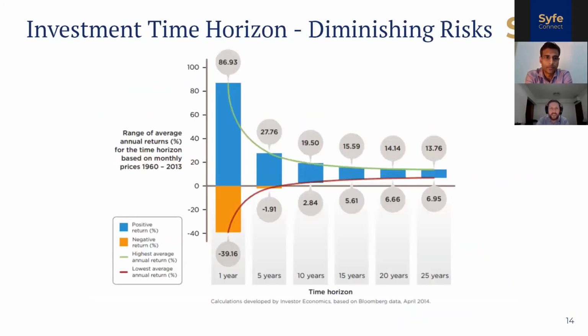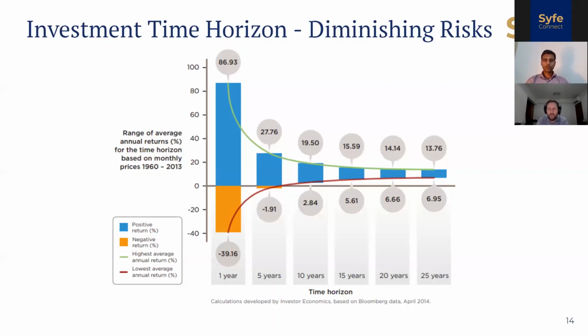So when it comes to investment time horizon, which I alluded to in the previous slides, the longer that you can spend in the markets, the more you diminish your risks over time. What we can see on this slide is the grey columns that run along the x-axis, 1, 5, 10, 15, 20, 25 years, representing your time horizon.